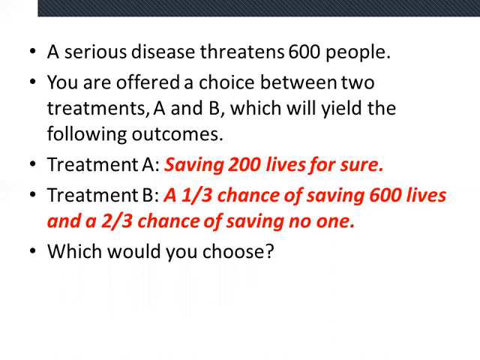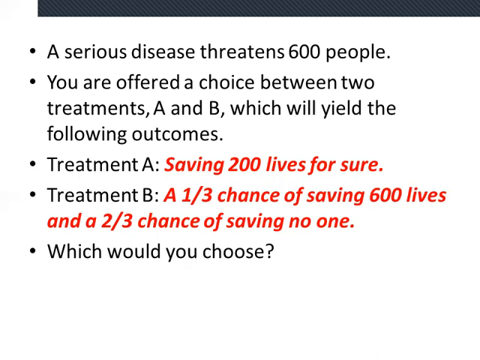But treatment B says that it will save only one third of 600 lives. Or, in other words, there is a two-third chance of saving no one. Out of these two treatments, treatment A and treatment B, which one would you choose?